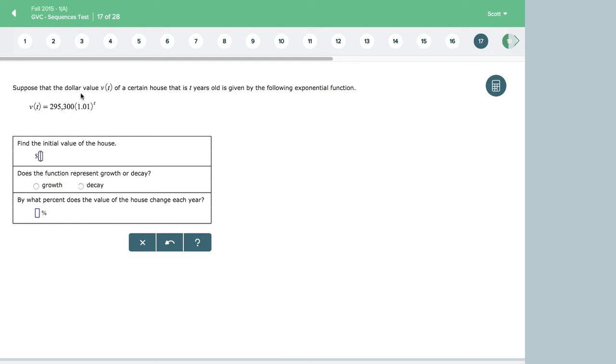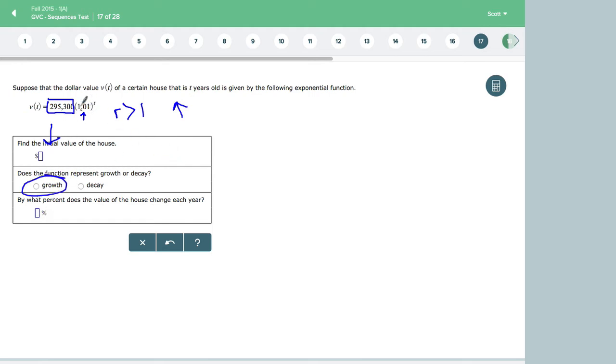Number 17 is going to look like this, and we've done one of these not long ago. We look at this first number. This is the initial value, so right there. This is greater than 1, so if you remember, when r is greater than 1, then it's increasing, or growth. Okay, and by how much?